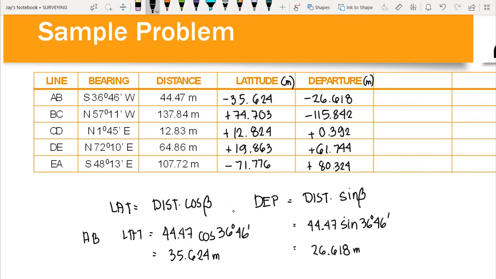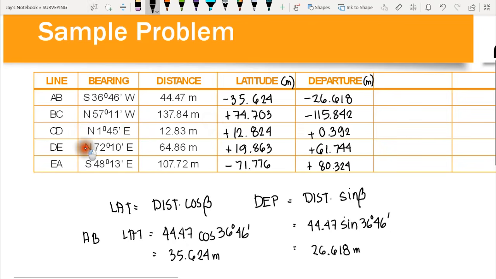Now take note of the sign. We have positive latitude here since we have north, negative departure since we have west. On line CD we have positive latitude since we have due north, and positive departure since we have due east.